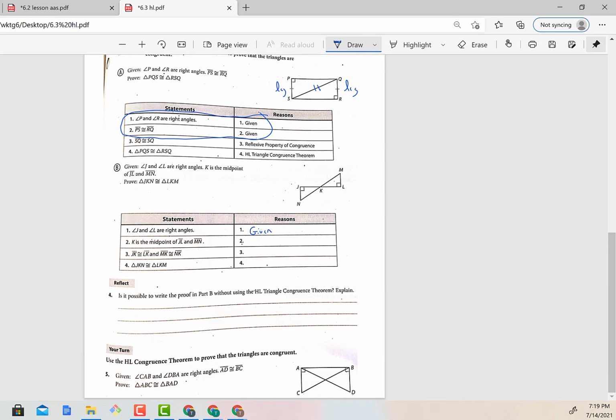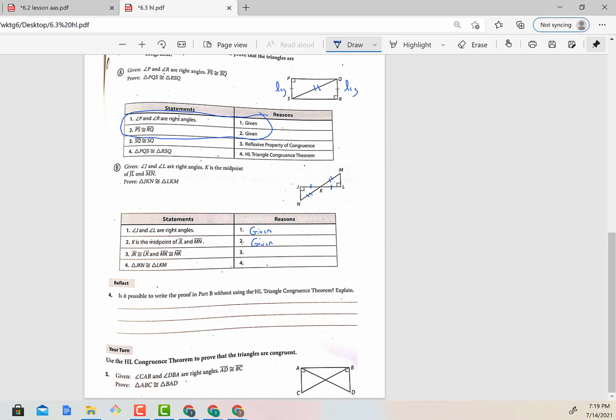K is the midpoint of JL and MN. That is also the given. Statement 3 says segment JK is congruent to segment KL. It also says segment MK is congruent to segment NK.